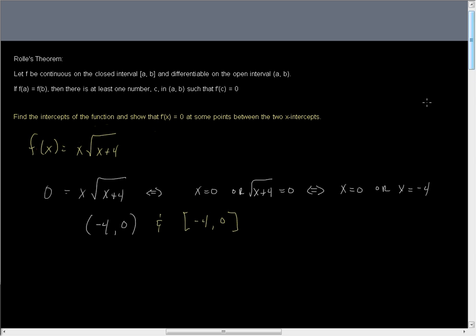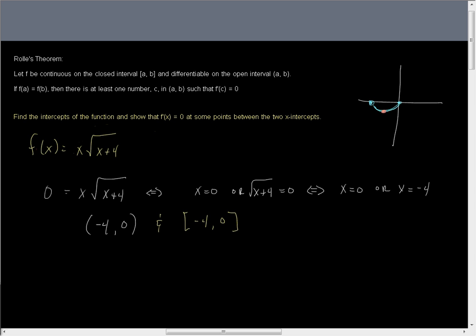If we were to quickly sketch a graph of this function, we have a point at -4 and a point at 0. If we choose a number in there like -1, -1 plus 4 is 3, the square root is positive, and -1 times some positive is negative. So we're going to be hovering down here, and we're really searching for this point to see if it exists.